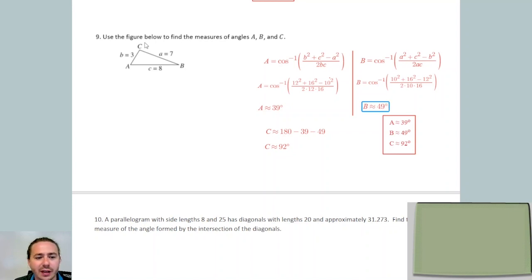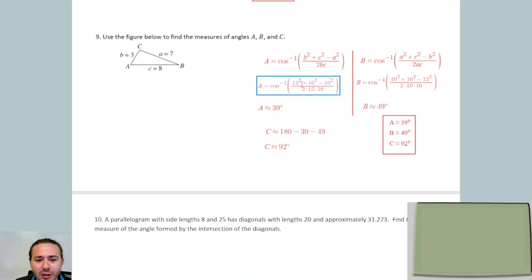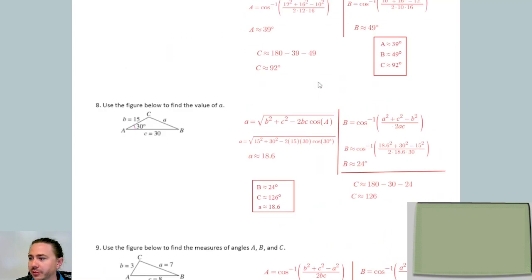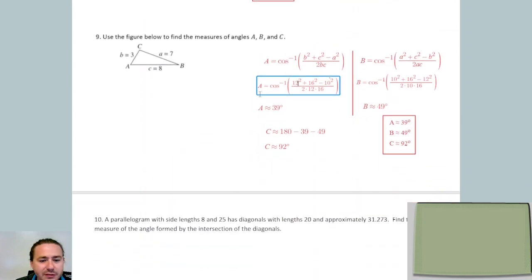So in this case, we'll just start with angle A, and we're just looking for A, B, C here, so we'll just fill in the numbers and hopefully not make any calculator errors like we did two problems ago. I messed up typing this one. It should be 92. Okay, anyway, let's do this one.